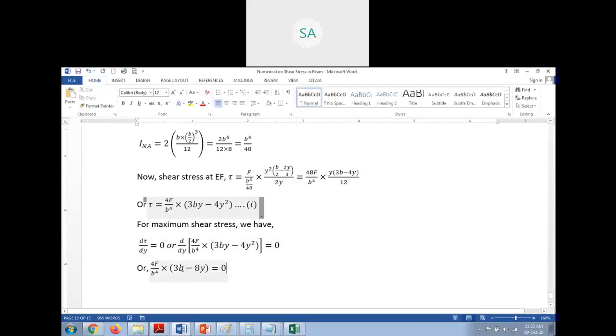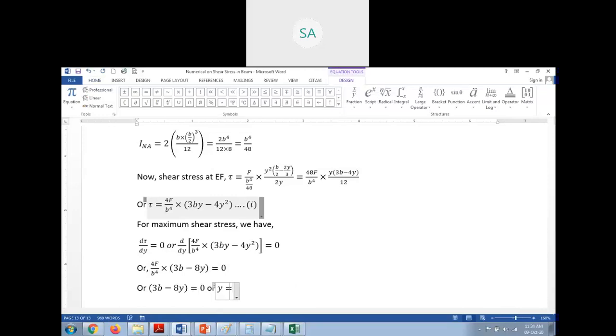Or 3b minus 8y is equal to 0, or y is equal to 3b by 8, right?